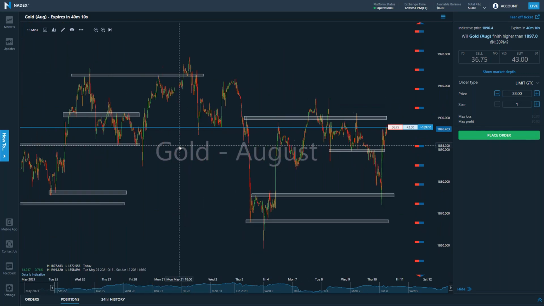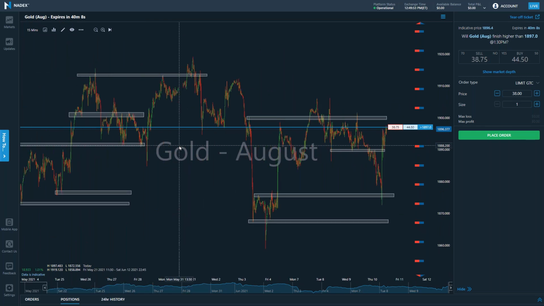You can see I've still got drawings on here that I've done from a couple weeks back when I was just looking at support and resistance levels. What's really interesting is how close these are. When I was looking back here in time, if I had extended it, that level actually was one all the way over here as well.